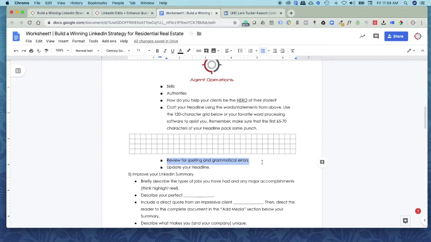One thing that is huge is to review for spelling and grammatical errors. It's all about putting your best foot forward. One thing I'm going to add here is Grammarly, an app that we use, and it's phenomenal. I'm not tooting my own horn, but I've always been a good writer, I'm a content creator by nature, but Grammarly has taken my writing to the next level.